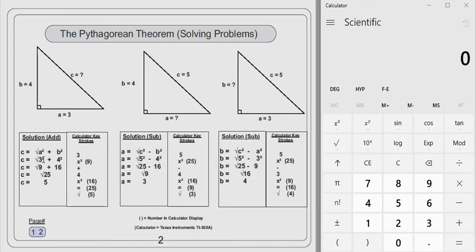Then we substitute our actual linear values, and C is equal to the square root of 3 squared plus 4 squared. 3 squared is 9, 4 squared is 16, 9 plus 16 is 25. So C currently is equal to the square root of 25. When we do that square rooting operation, we end up with C equals 5.